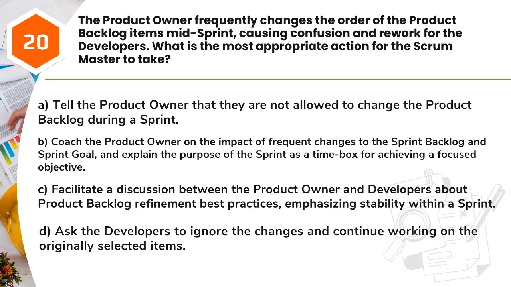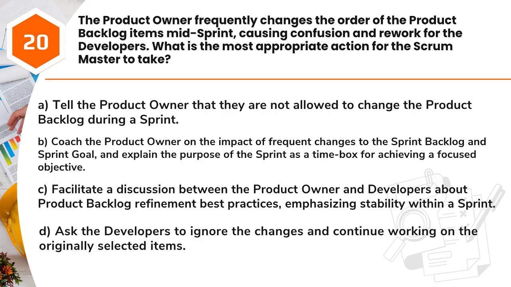Question 20. The product owner frequently changes the order of the product backlog items mid-sprint, causing confusion and rework for the developers. What is the most appropriate action for the Scrum Master to take? A. Tell the product owner that they are not allowed to change the product backlog during a sprint.